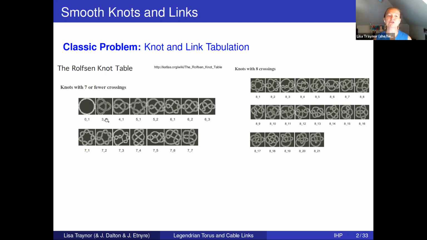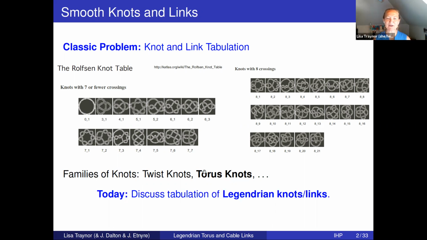They usually don't list the mirror images, and sometimes those mirror images are the same. That's really beautiful. You also try to generate families of knots, twist knots, torus knots. What I'm really thinking about is a tabulation of Legendrian knots and links.